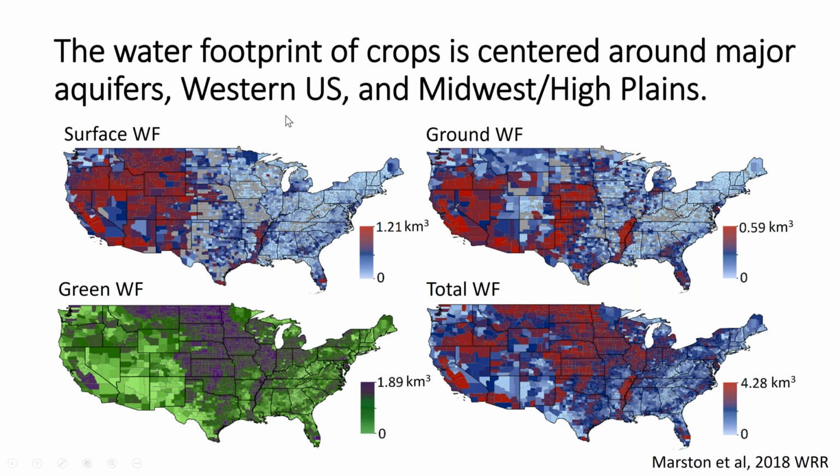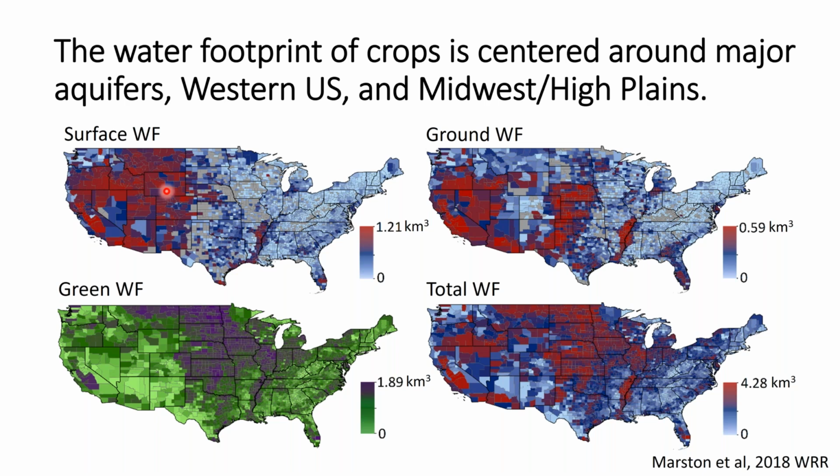You can clearly see the boundaries of some of the major aquifers, right? So the High Plains Aquifer, the Mississippi Embayment Aquifer here, the Central Valley aquifer. So areas where we see large extractions of groundwater also correspond to large aquifers, many of which are being overexploited.